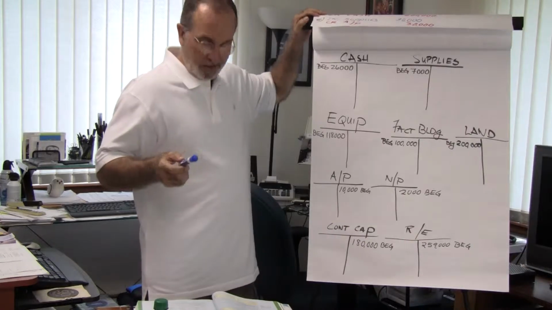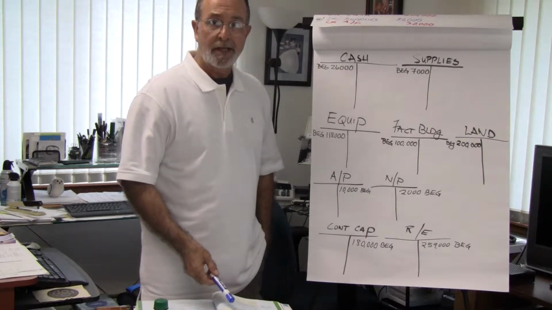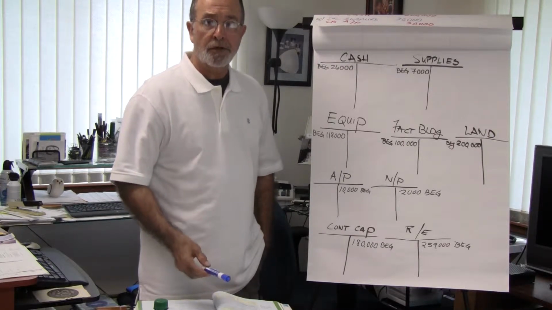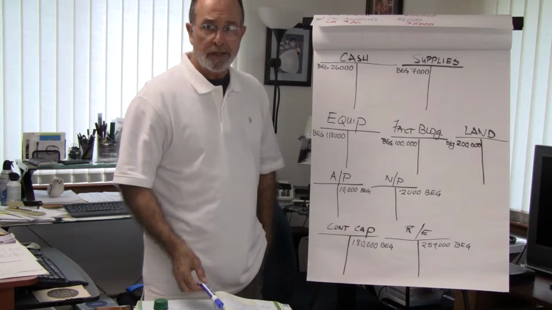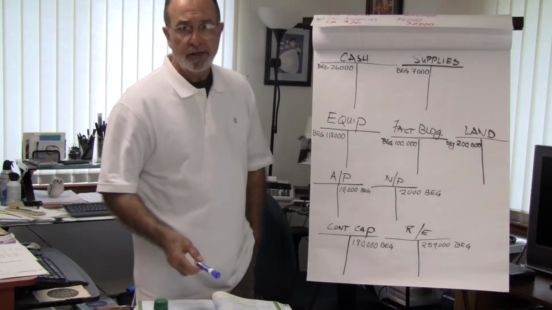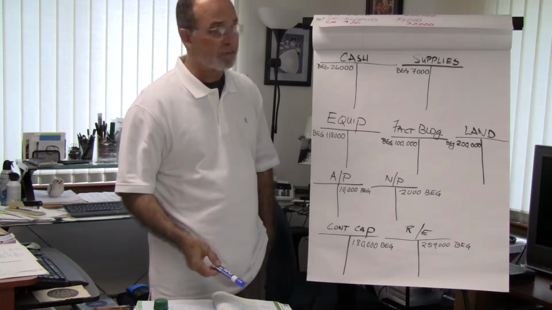Now the beginning balances are those balances given in the problem that are as of June 30th, 2010. Those June 30th balances become July 1, 2010 balances. We go from June 30th to July 1.